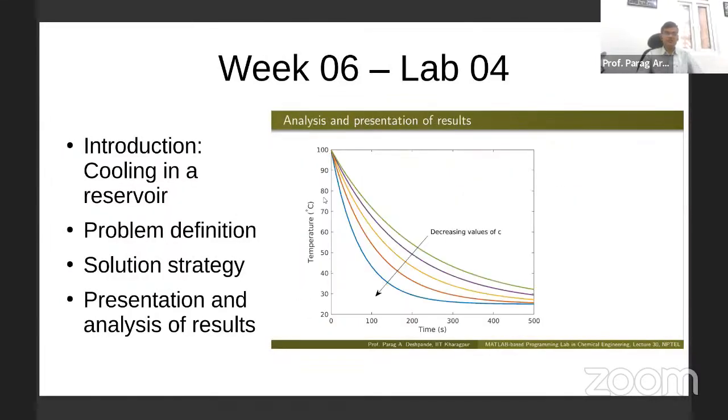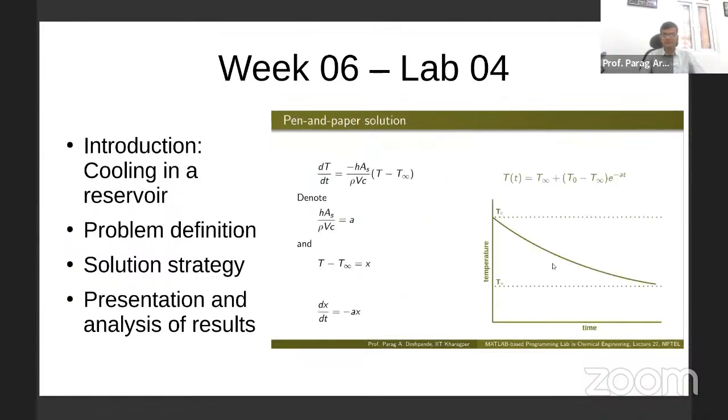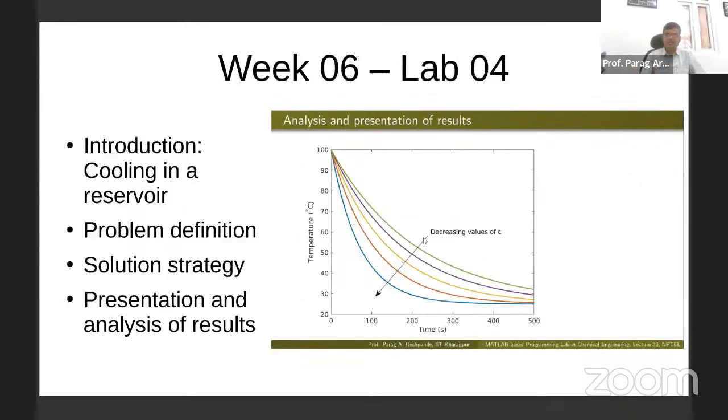While you solve this problem, if you remember our original solution, which came from the analytical, pen and paper solution, there is a non-linear exponential decay in temperature. We in fact got this decay for all the cases. This is one particular problem where you had to change the value of the specific heat of the system, and this is how you saw and presented the results.